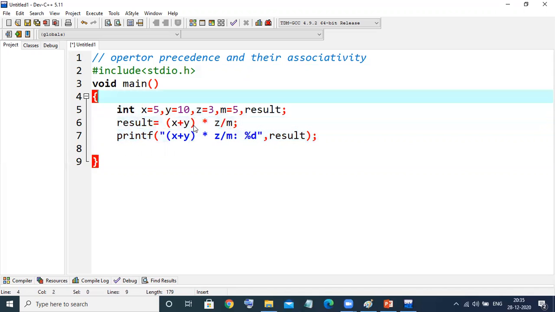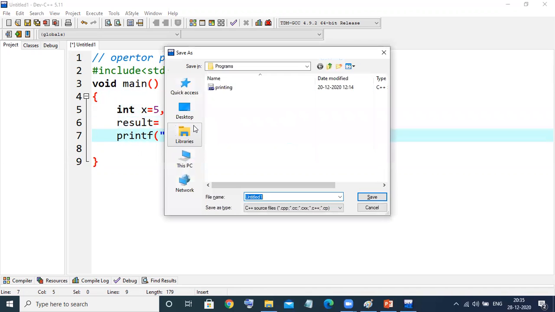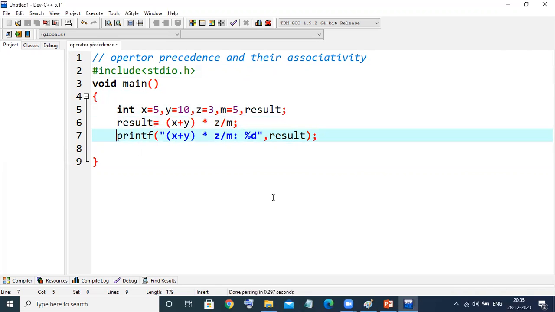So let us print and see what output we are going to get. Control S, and I'll select the C program, and here I will write operator precedence. Done. If I carefully watch this expression, it is bracket x plus y, multiplication z, divided by m.